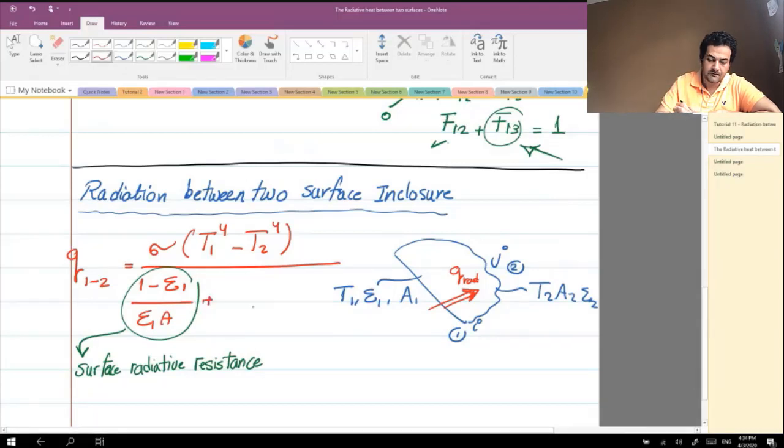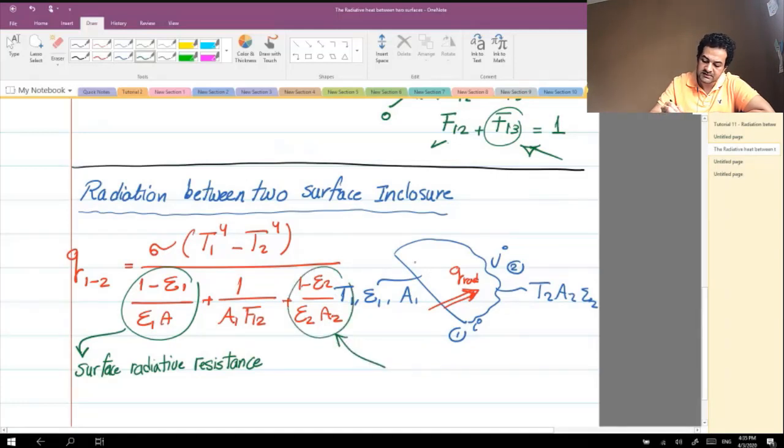Here the emissivity is contributing because epsilon represents the surface radiative resistance.